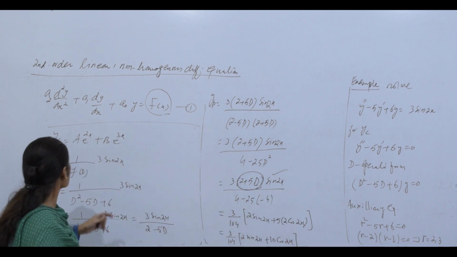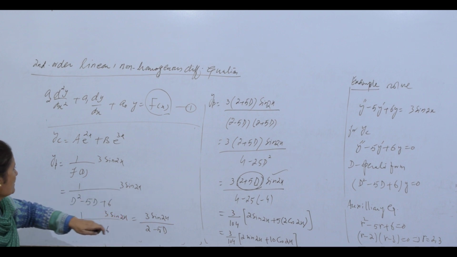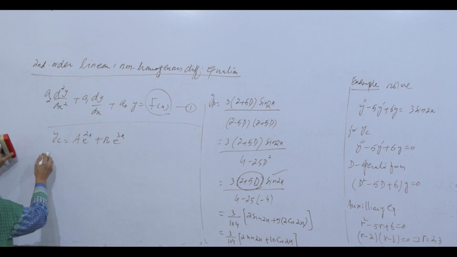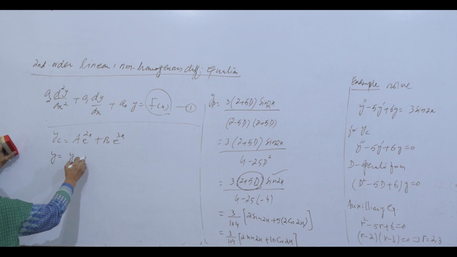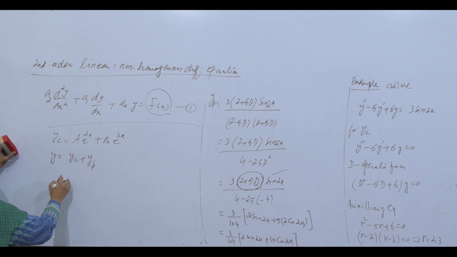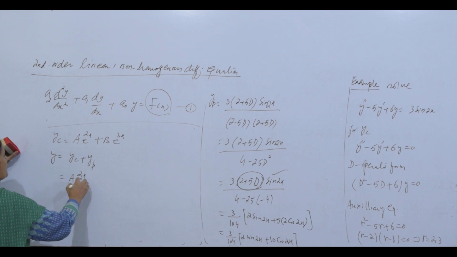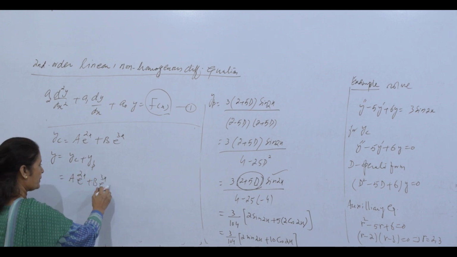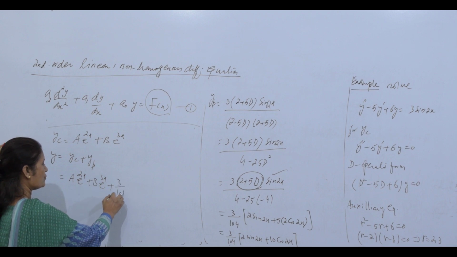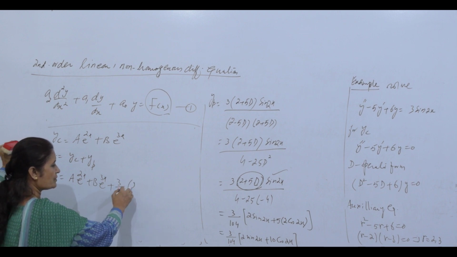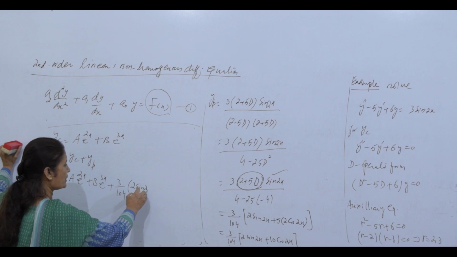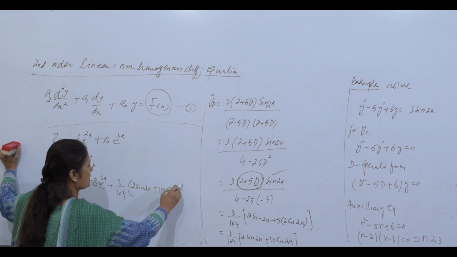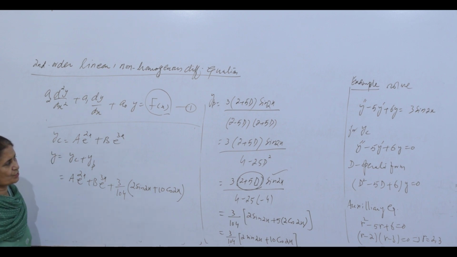This is yc, that is yp. General solution I am writing. The general solution will be yc plus yp. This is a e^2x plus b e^3x plus 3 by 104 outside, 2 sine 2x plus 10 cos 2x. So this is the required solution.